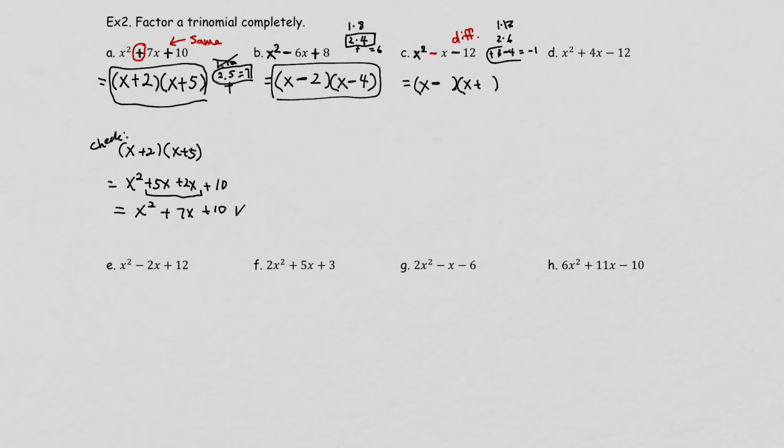So we will pick these options, negative 4 and positive 3, and that will be your factoring. Again, when you check by multiplying back, this is what you need to get back, right? And if you did it right, that's what you're going to get all the time.